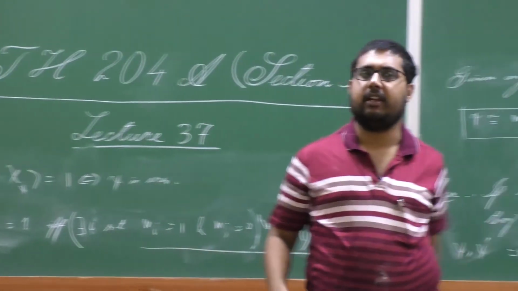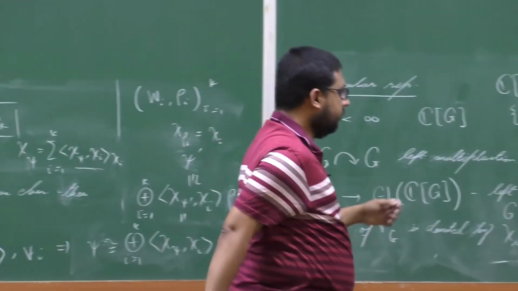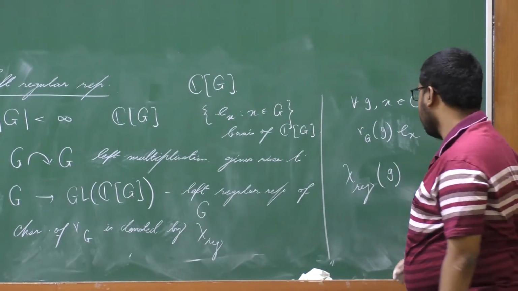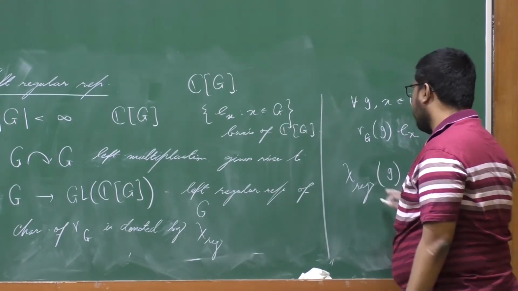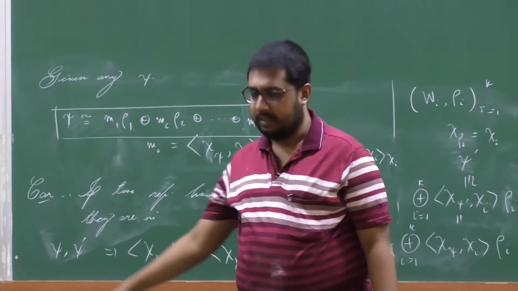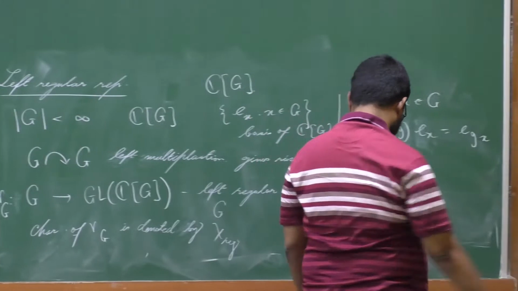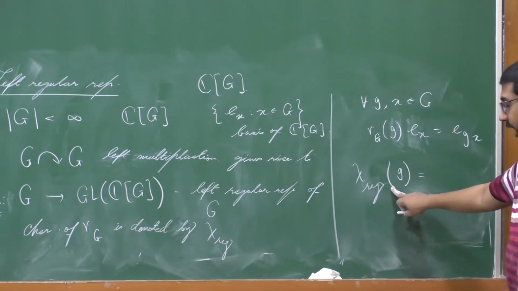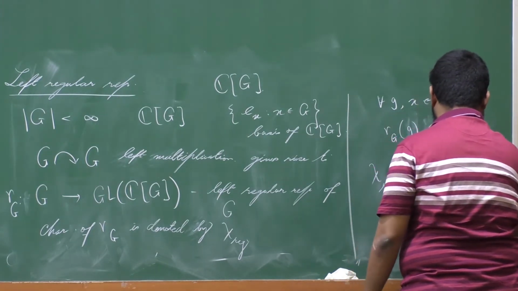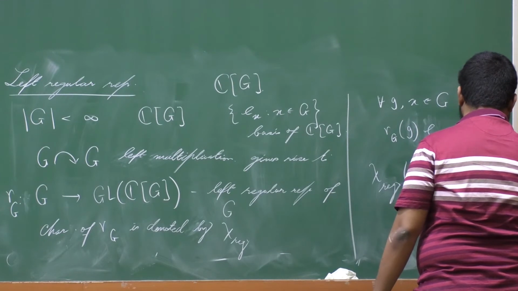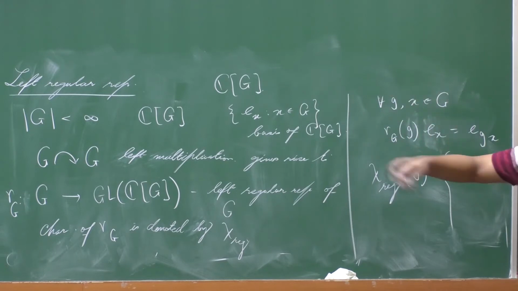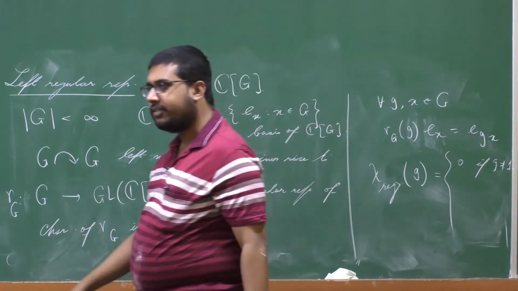This has been done as a general exercise for any action of G on any arbitrary set X. And here we have the left multiplication action. So, chi-reg(g) is basically the number of points fixed when they get multiplied by the group element g, and you see that if g is non-identity, it does not let anything be fixed. So, we have the following: if g is not equal to the identity, it is 0, and if g is equal to the identity, then all the elements of the group are fixed.